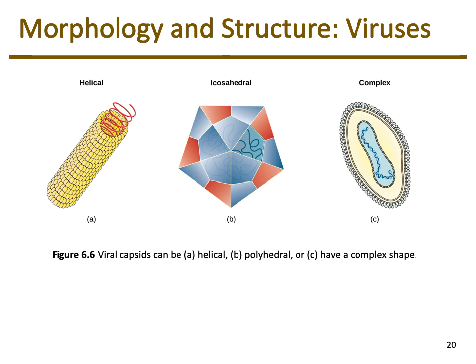Icosahedral has 20 sides to it, and those sides come together to create this really geometric shape. And then we also have the miscellaneous other category. Sometimes these are called different things in different textbooks, but they're also sometimes referred to as complex shapes. So again, there are these 3 different shapes of viral capsids.